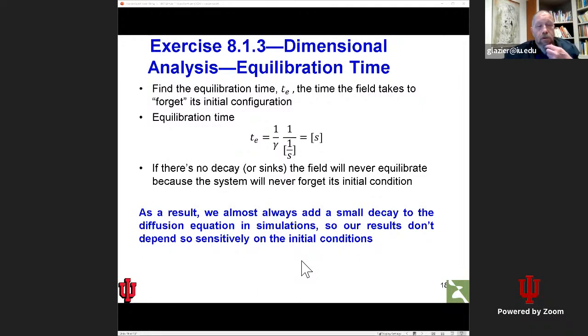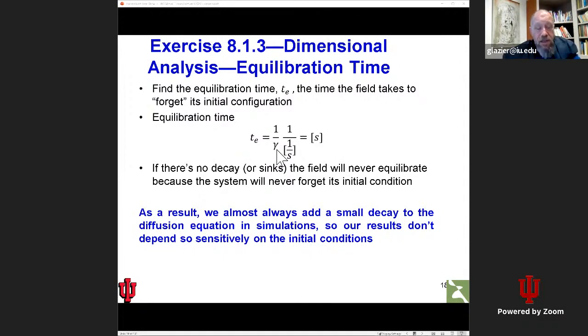Now, this idea of equilibration time is useful because this is how long it takes for the system to stabilize. And you'll notice that if there's no decay in our system, the system in principle takes an infinite amount of time to stabilize. It never forgets its original state.